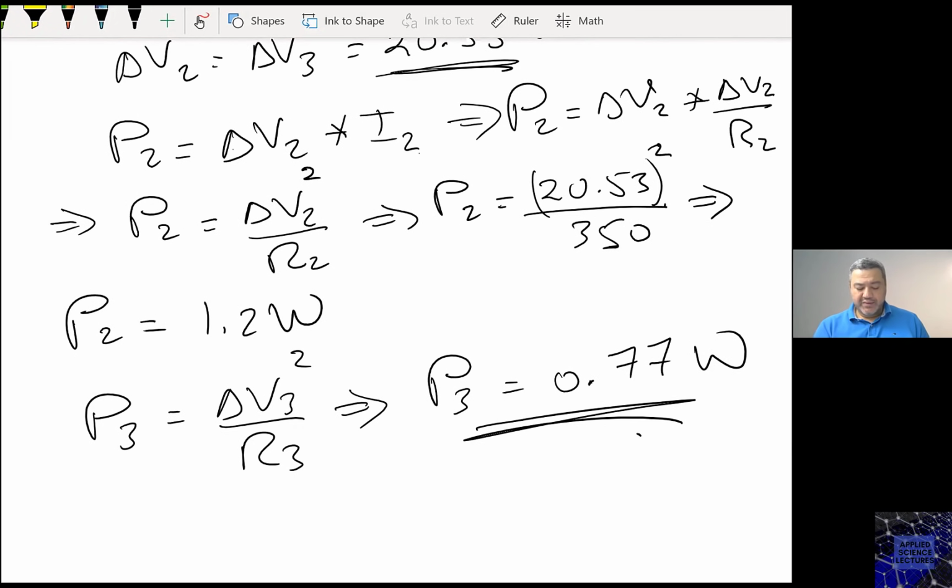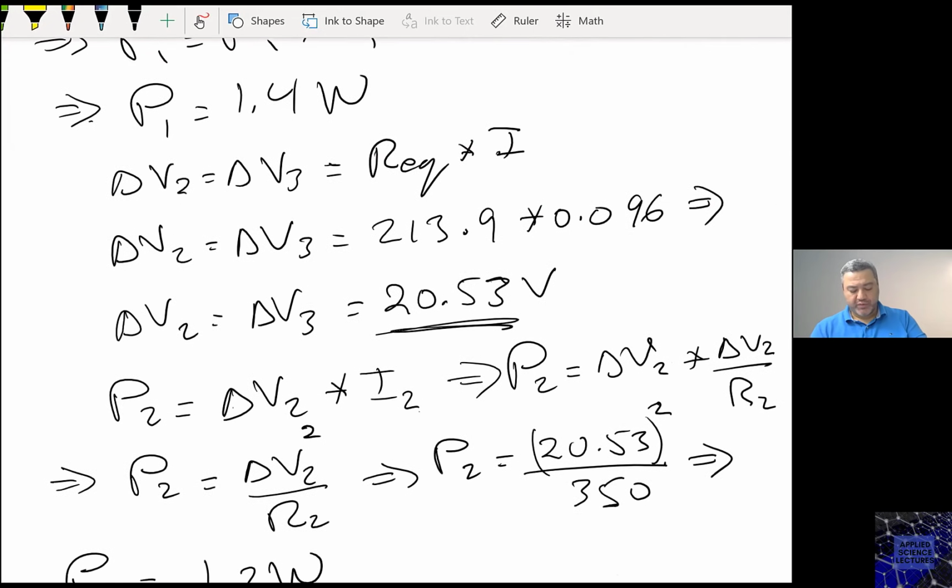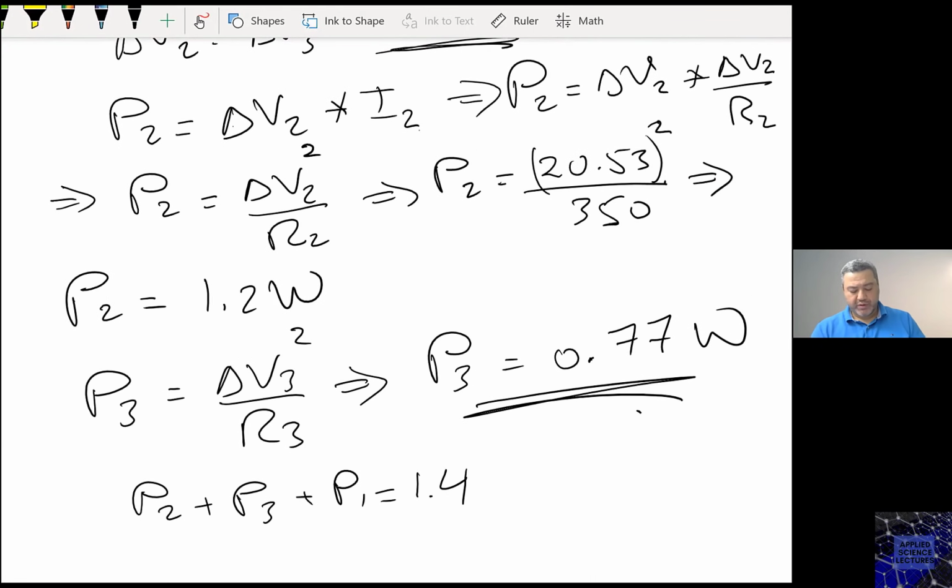Now, if you add the power consumed, it should be equal to the power supplied. So let's add P1 plus P2 plus P3. We have 1.4 plus 1.2 plus 0.77.